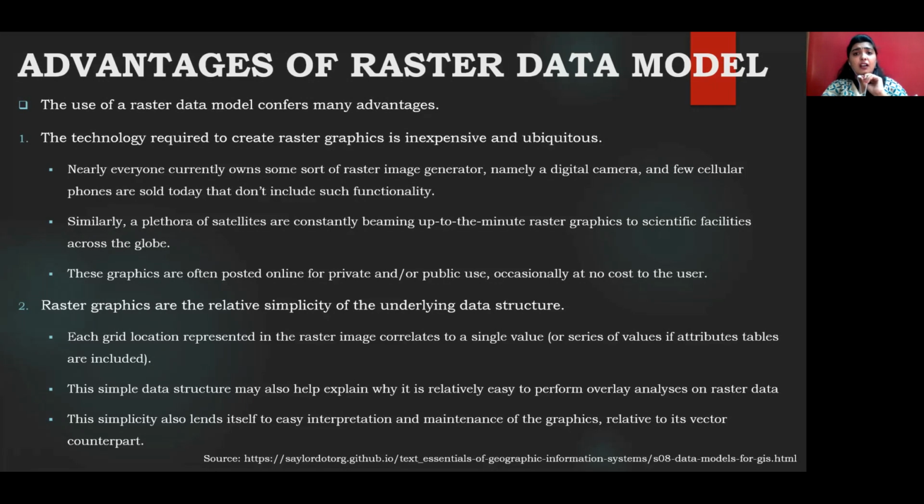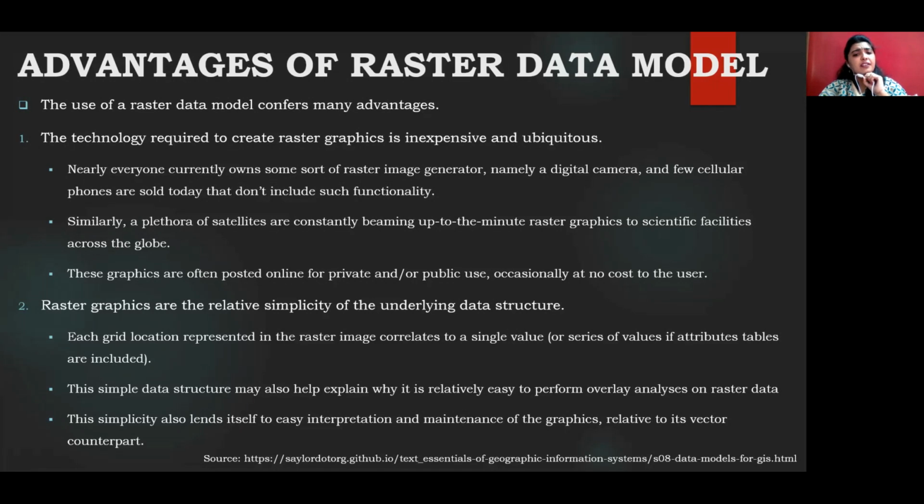At times there are certain satellite imageries for which you have to pay, and certain ones for which you don't. For Landsat imageries, I don't have to pay. I can easily download them from the USGS website. So it is inexpensive for me. I just need a bit of Wi-Fi connection, or maybe a better connection, so that the image is downloaded properly. That's not going to be very expensive. I am not spending lakhs for it. So yes, this raster data model is comparatively an inexpensive data model.